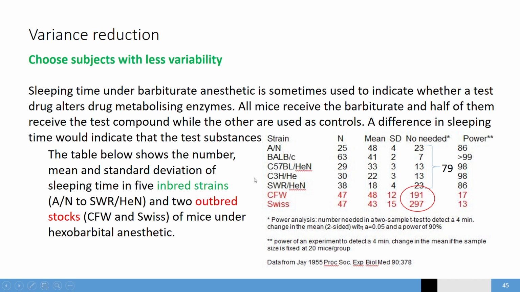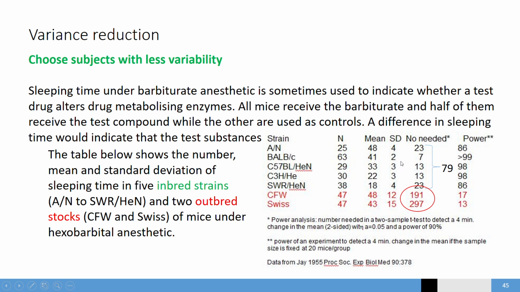So let's say that you have a number of strains, the mean recovery time for each one of the strains is this one, and also these outbred stocks, you see that they have these recovery times, and there is a large variability of recovery times. In some of the groups it is high, in some other groups it is really low.